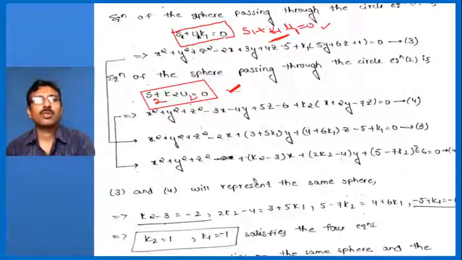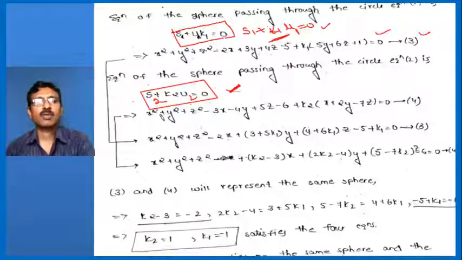To show these equations are the same, I have taken the first set of equations, S1 plus K1 U1 equal to 0, that is x square plus y square plus z square minus 2x plus 3y plus 4z minus 5 plus K1 into 5y plus 6z plus 1 equal to 0.